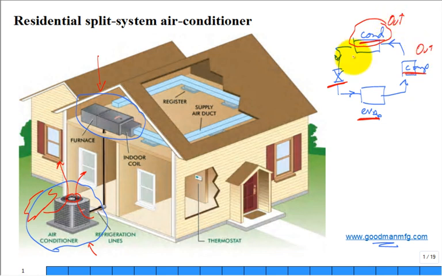Outside. Where's the expansion valve? Inside or outside? Inside. Because as soon as it expands, what is the temperature of that refrigerant when you drop that pressure? It is cold and it's ready to evaporate. And your evaporator is in here. So this is where the coil is.